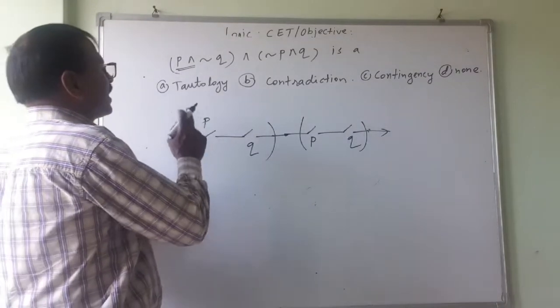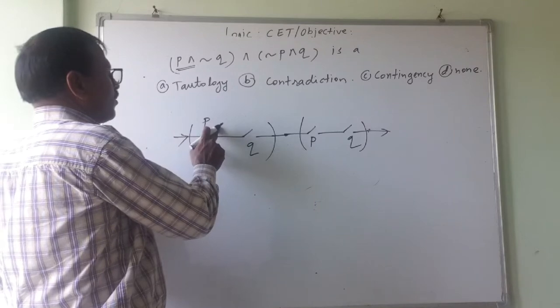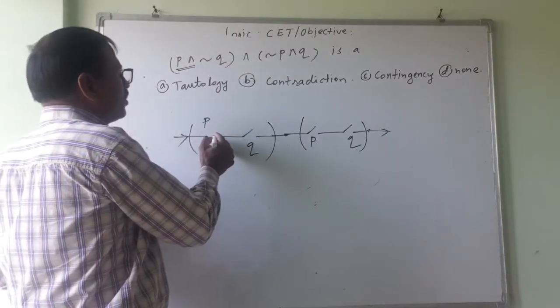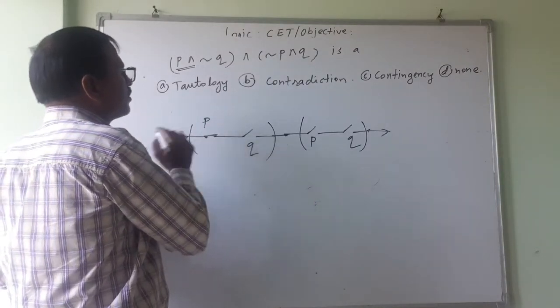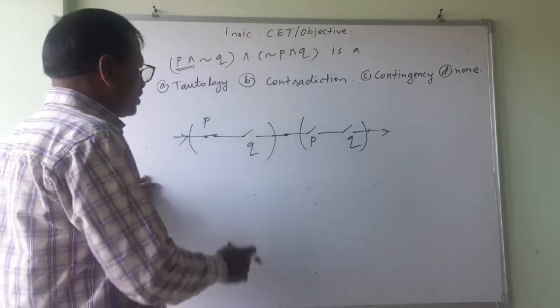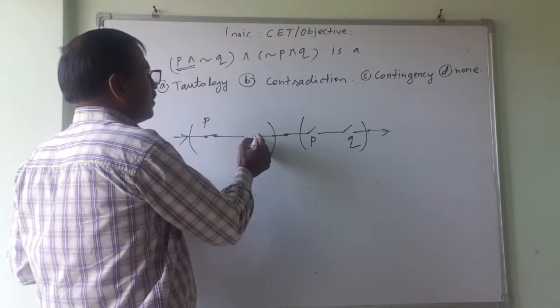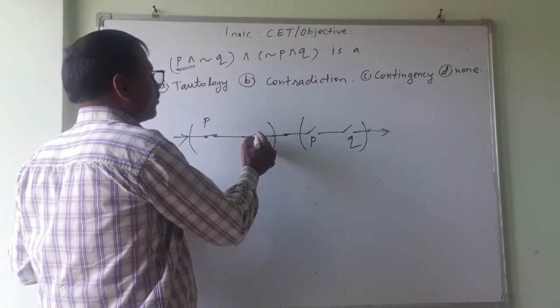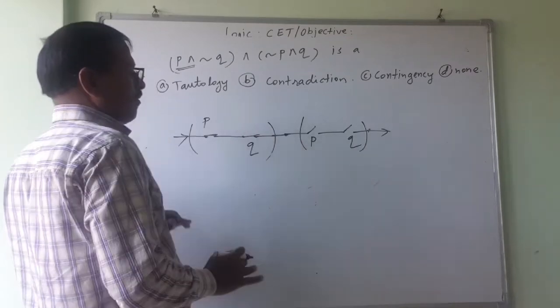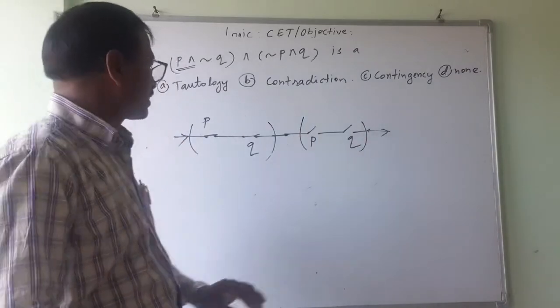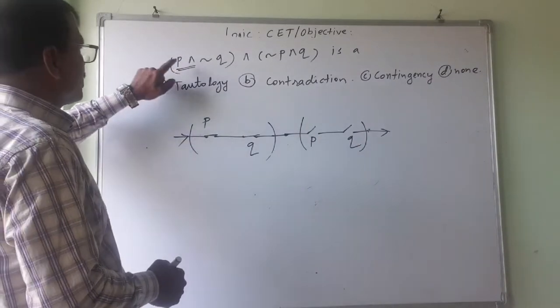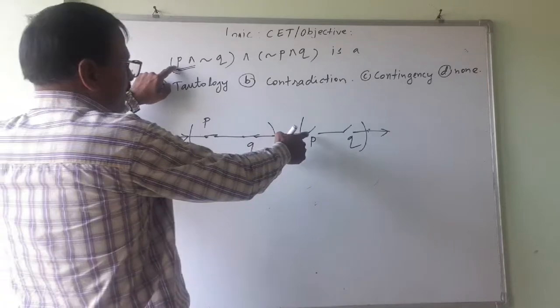Suppose I take the case P is true. So only two cases I have to see. Q is also true. That way I am taking, P true, Q true. Now whether I will receive the current. Now P is true here, true means here it will be false.